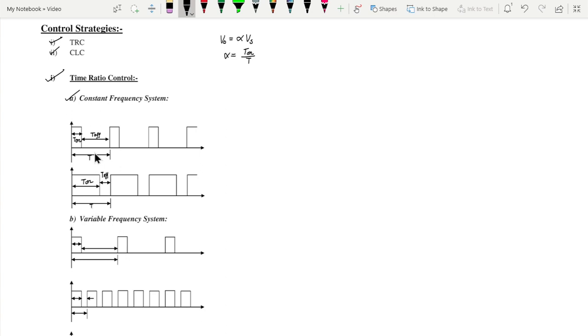So for this picture A, suppose this is figure 1 and this is figure 2.